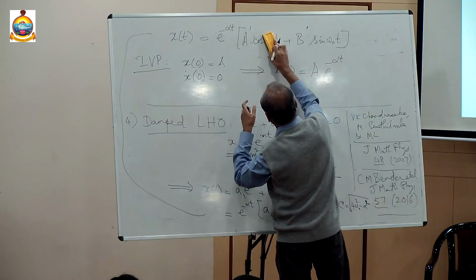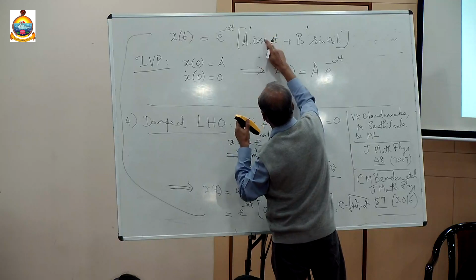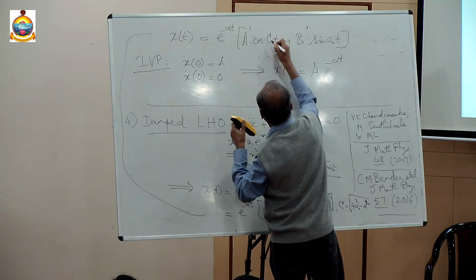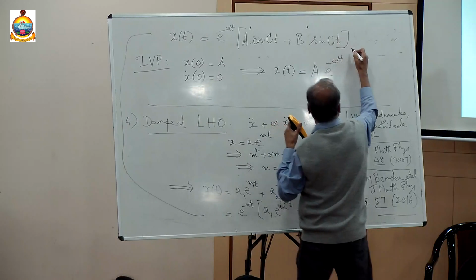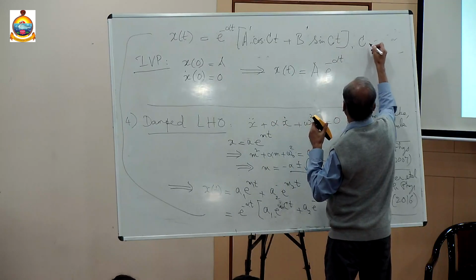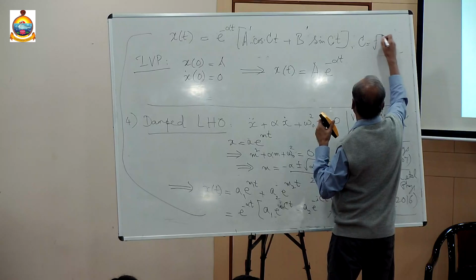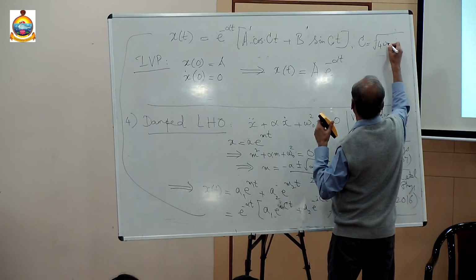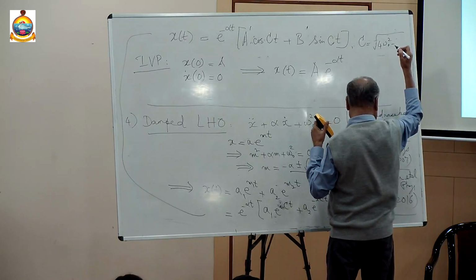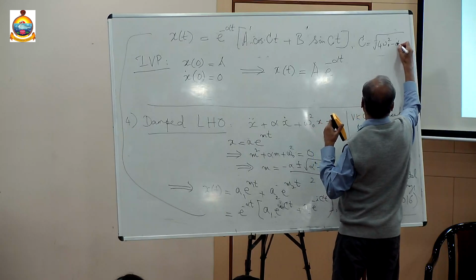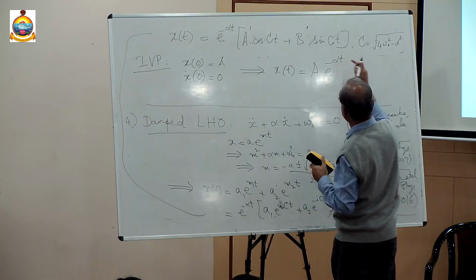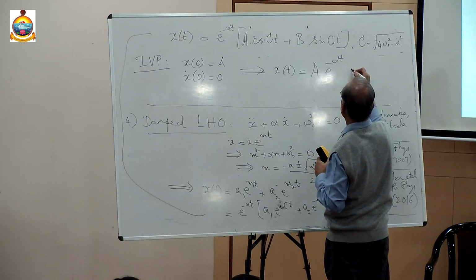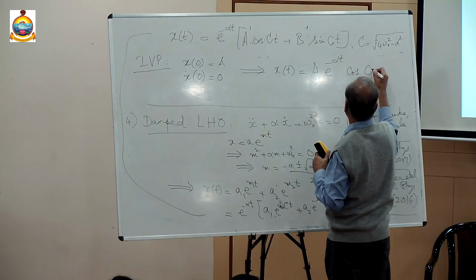No, this is not omega naught, this is c, and c equal to root of 4 omega naught square minus alpha square, cos ct.